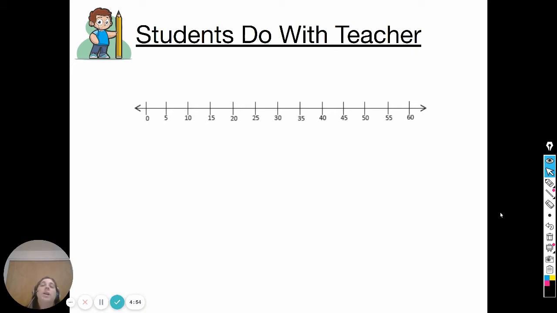Once you have the number line drawn, make sure that you add in the numbers, the counting by 5 numbers. And when you're done with your number line, hold it up so I can mark you off as participating for today.